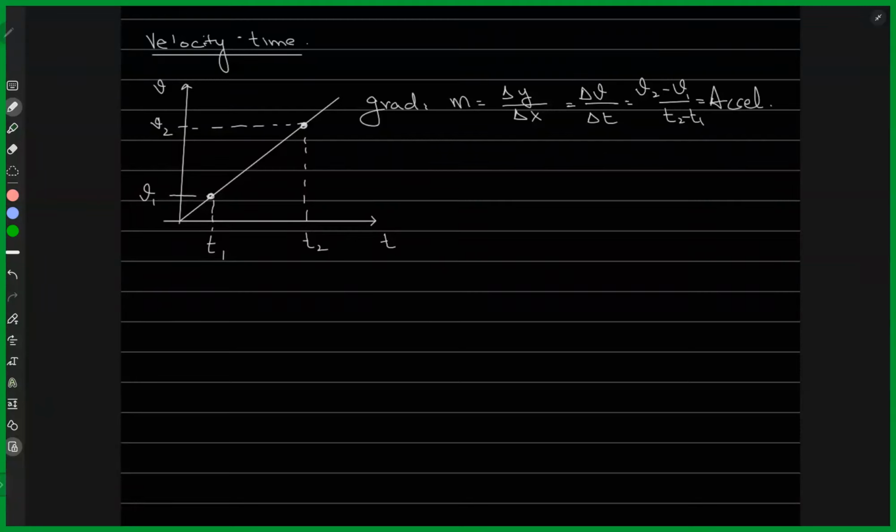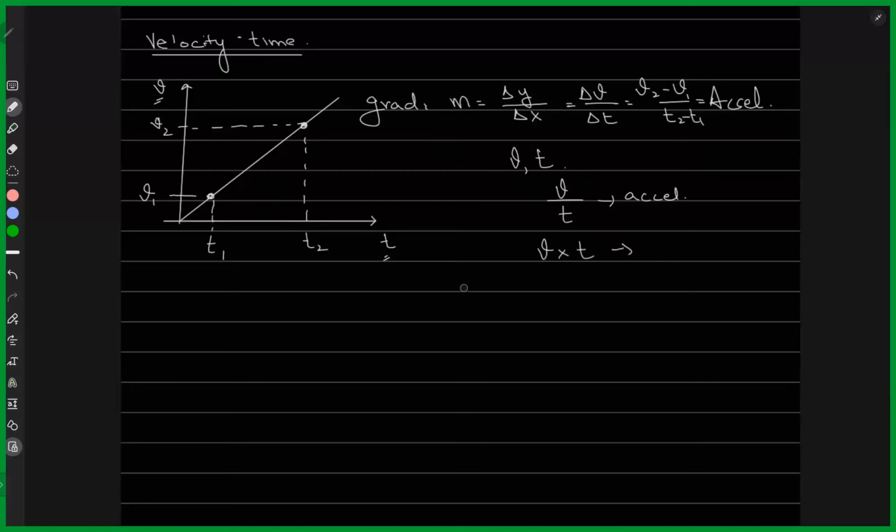There is one more thing that we can find in these types of graphs. We have two quantities, velocity and time, right? How can I arrange these quantities such that I get something different from acceleration? Well, you can arrange them v by t to get acceleration. What else can you do? You can multiply these two quantities, v times t, but what is that?